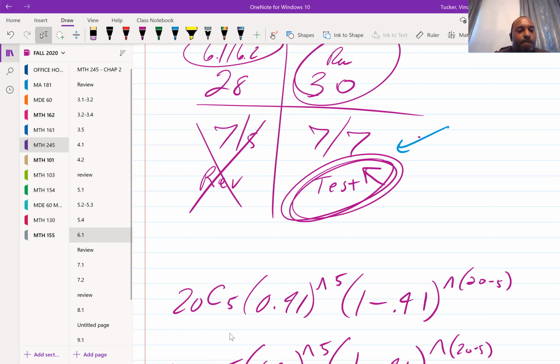I have a question. Will we also be able to pull up the websites to calculate the answers? Yep. Whatever you use in order to calculate the answers, like I just showed the website to do something in 6.1, whatever you use for your homework is the same thing I'm giving you the opportunity to use during the test.